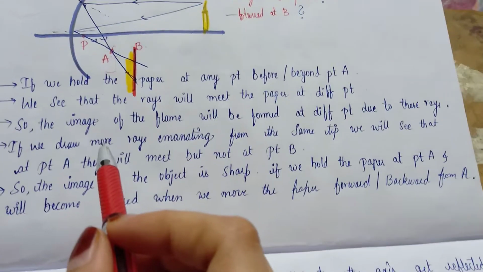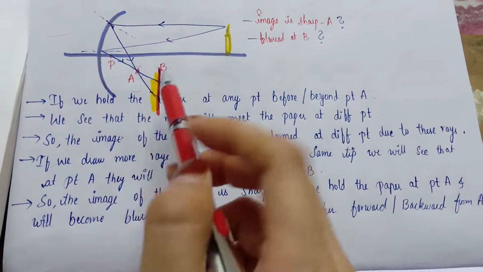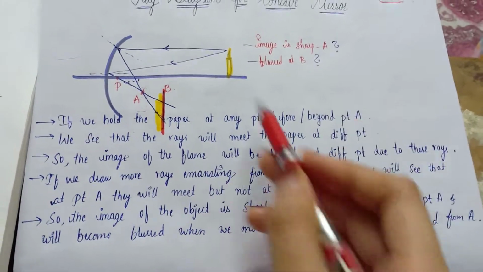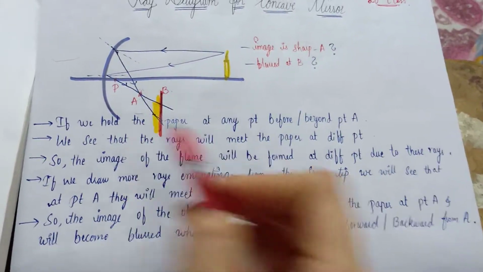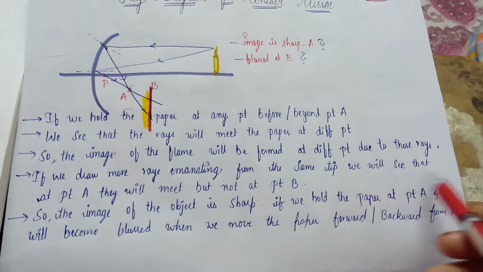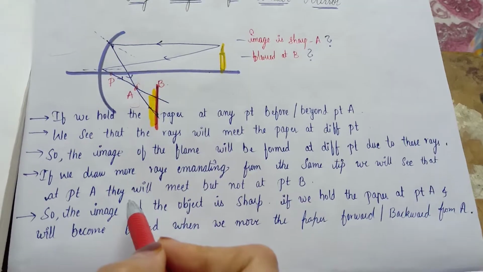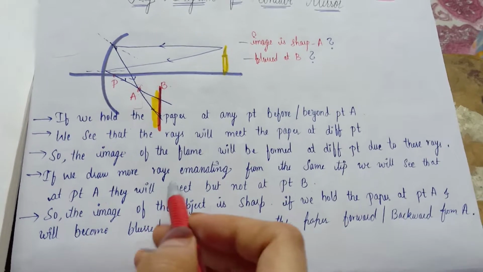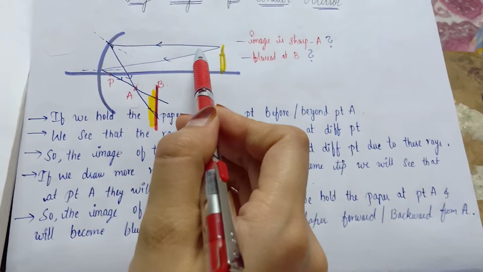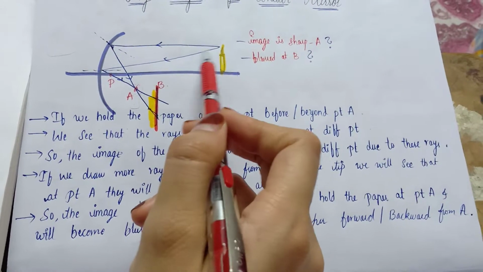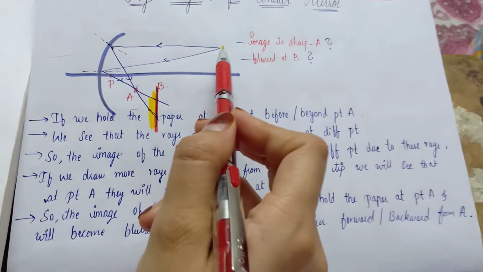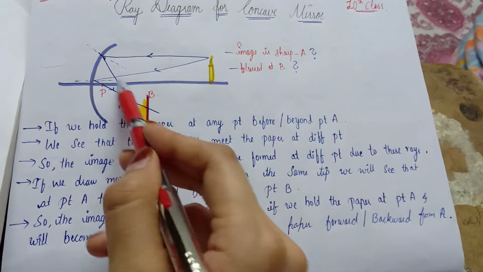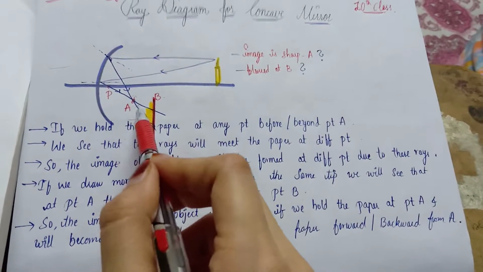Here two rays are emitting now. Assume that if we draw more rays emitting from the same tip of this candle, we will see that they meet at point A, but not at point B. Even with more than two rays emitting from the tip of the candle, all these rays will meet at point A only.